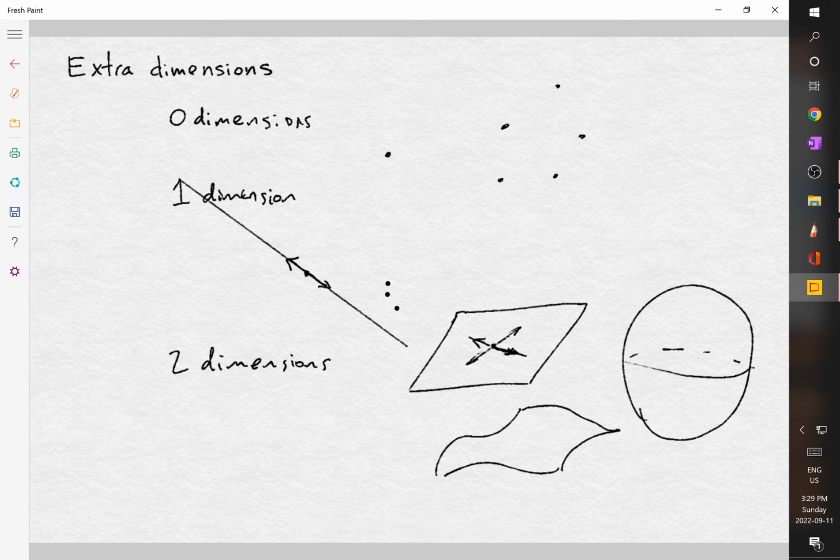Now you might say, well, there's lots of other directions here, so what about this direction? That looks like a 3rd direction that we could go in. But you see, that one's not independent of the other 2, because if I'm allowed to move along in this direction and in the other direction, then a little motion in this direction would be equivalent to a combination of motions in my 1st direction here and in my 2nd direction there.